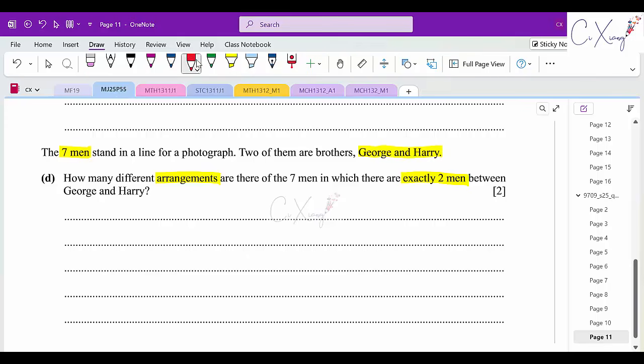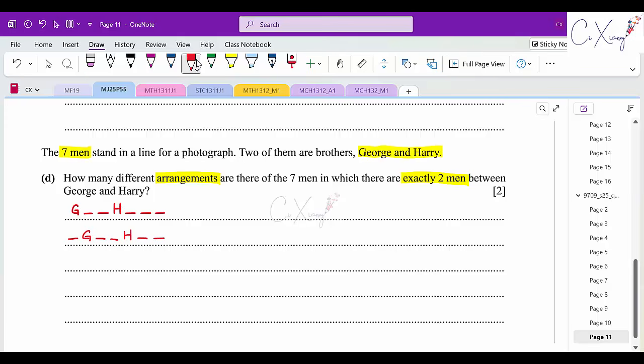Okay, for this kind of question, usually I prefer to write out the possible locations for George and Harry first. So let's say I'm having George, I'm having 2 persons in between of Harry. So you have 4 persons now, 1, 2, 3, 4, then 5, 6, 7. These are the 7 men here. 2 men between George and Harry, right? It is possible also that George and Harry can be having this one.